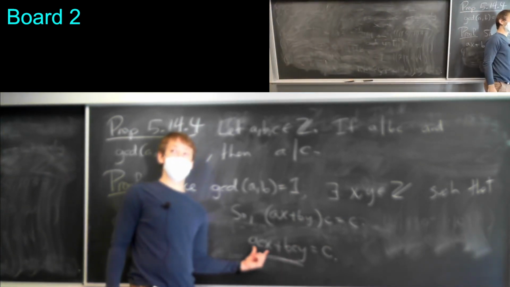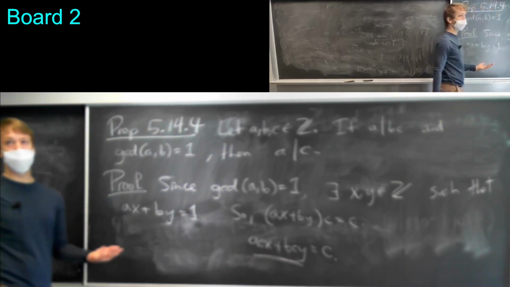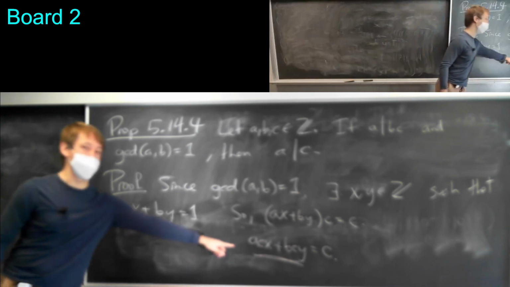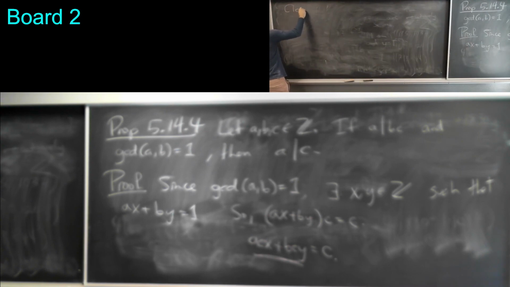The first part's really easy: clearly, a divides a times c times x because there's an a right there.